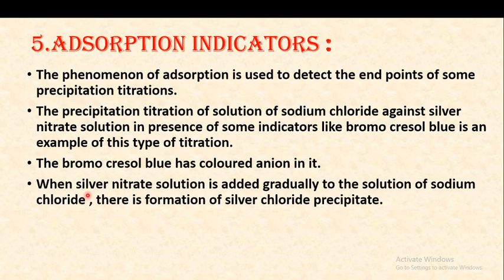When the silver nitrate solution is added gradually to the solution of sodium chloride, there is formation of silver chloride. From the silver nitrate, the silver, and from the sodium chloride, the chloride combine to give AgCl, a white colored precipitate.